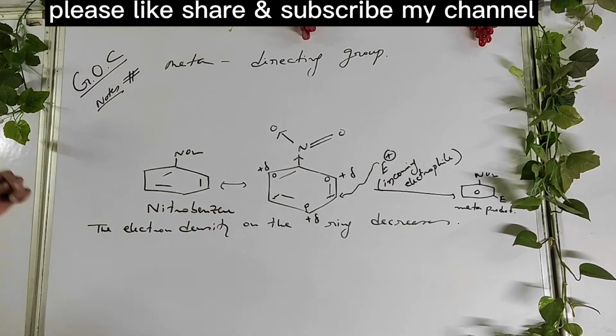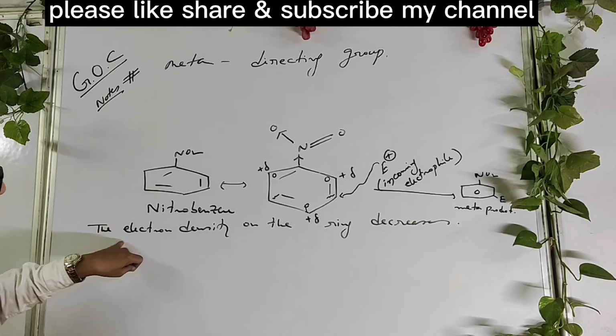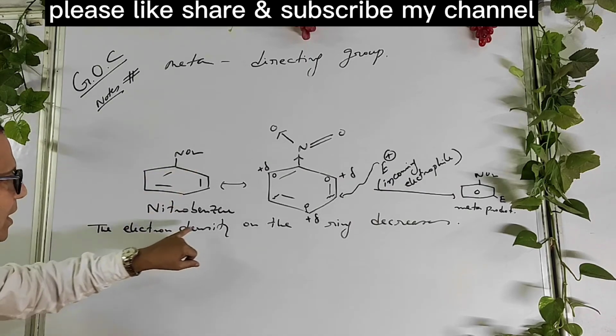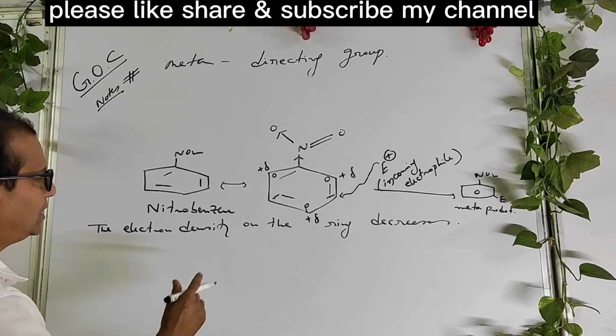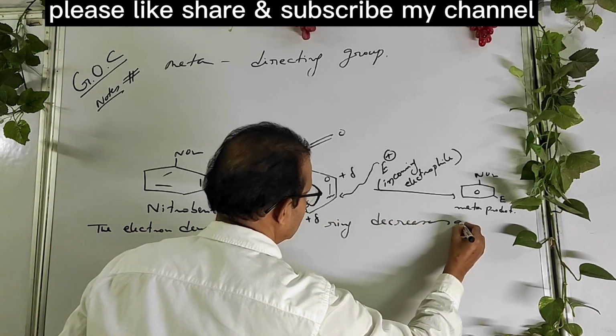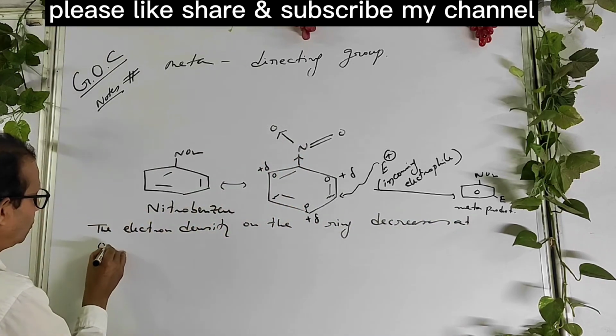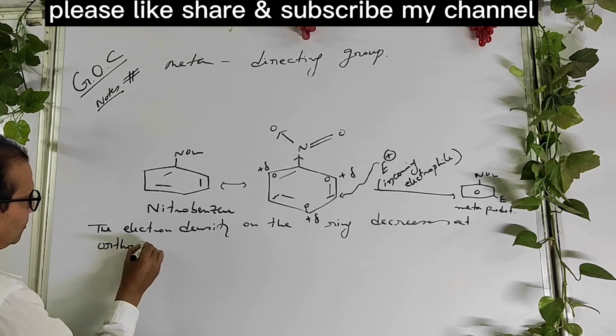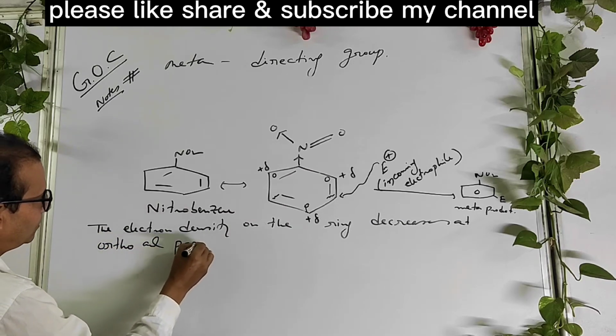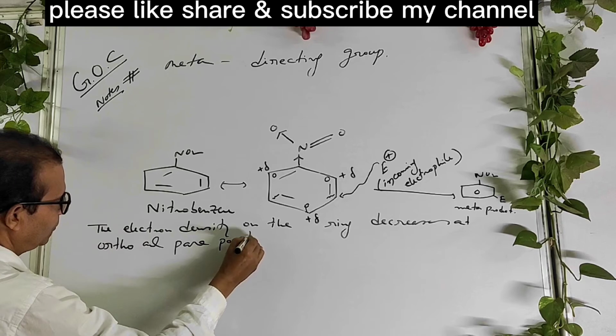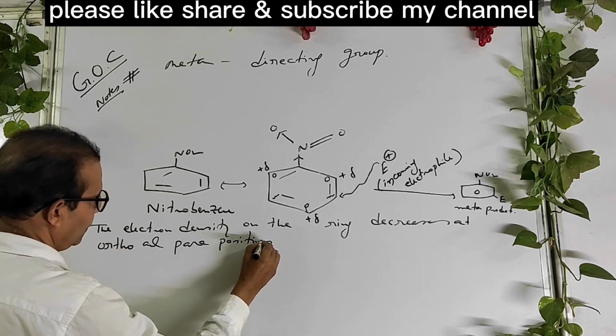So remember it, when meta directing groups are present, the electron density on the ring decreases at ortho and para positions.